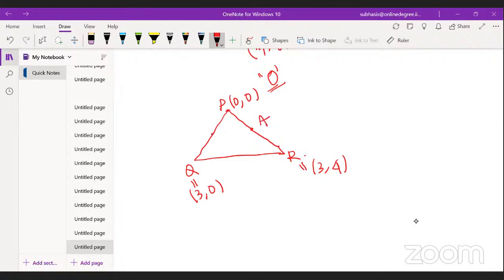B is the midpoint of P, Q. And C is the midpoint of Q, R. So you are getting a triangle ABC. You know how to compute the midpoint of a line segment.